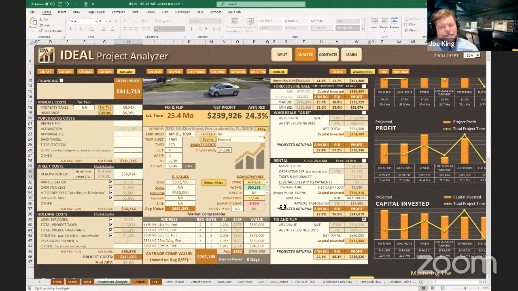So my thing is, fix and flips tend to be a little bit more risky. However, in certain areas they're not. If you can hit over 20% or in that 20 to 30% range, the additional money that you invest in the property might be worth it. It depends also on whether it's in a hot market and you're going to be able to unload it.